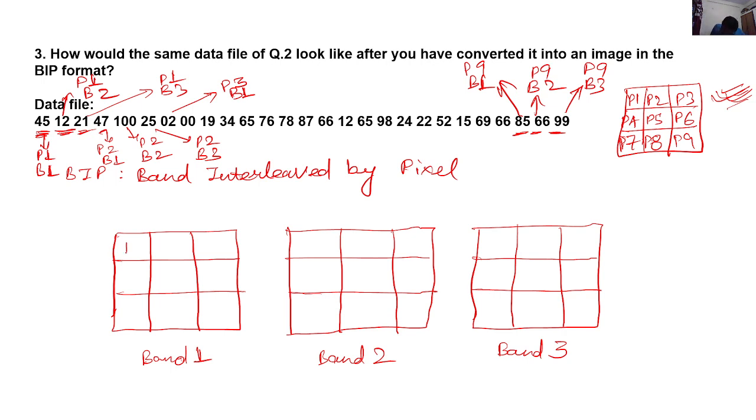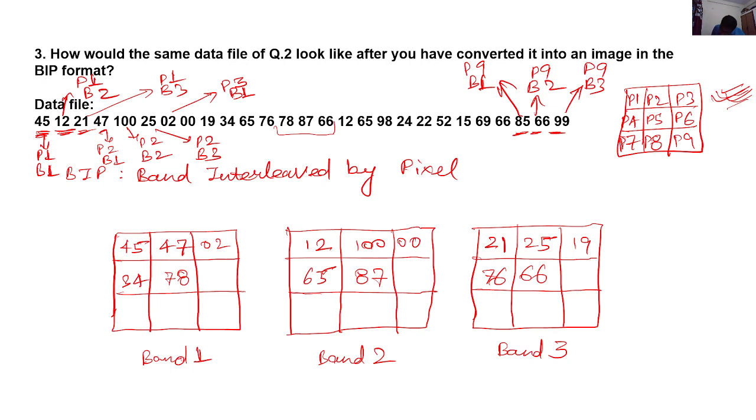So let's do it now. 45 we will fill here, then straight after that 12, then 21 in band number 3, then 47, 100, 25, then 02, 00, 19, 34, 65, 76, 78, 87, 66.